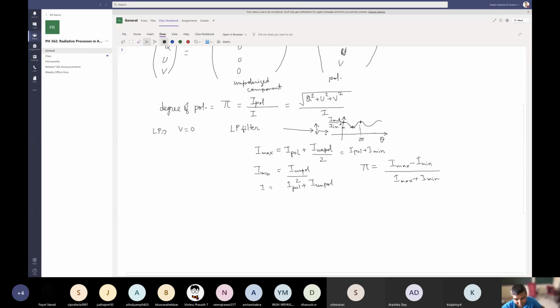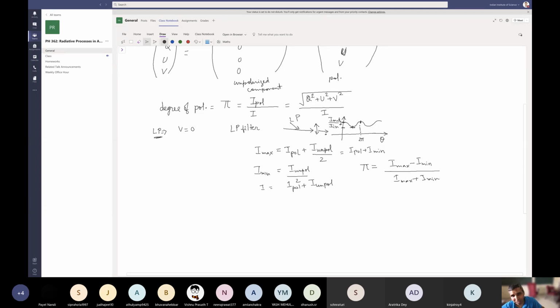So this is not valid in general. This is only valid when we know beforehand that the incident light here is linearly polarized. In general, it can be elliptically polarized, or a combination of elliptical and circular polarization. If I give you that this is LP plus CP, then this will not hold. It's a good idea to try out what the outgoing intensity will be if this is circularly polarized.